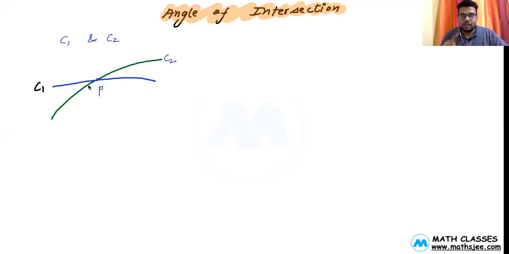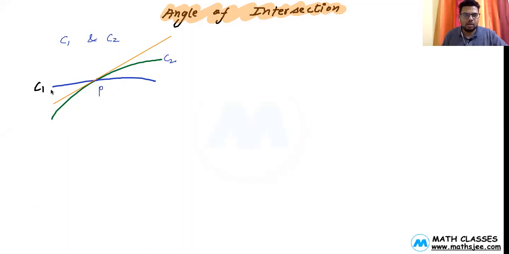So now the angle of intersection means at this point where these two curves are intersecting each other, we will be drawing tangents to each one of the curve at that point P. So let us say at the point P, this is the tangent to the curve C2, right? This is C2 and this is the tangent to the curve C2.